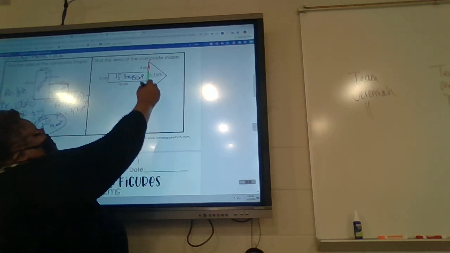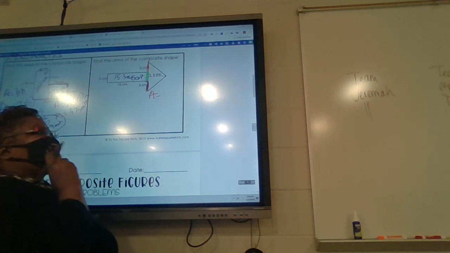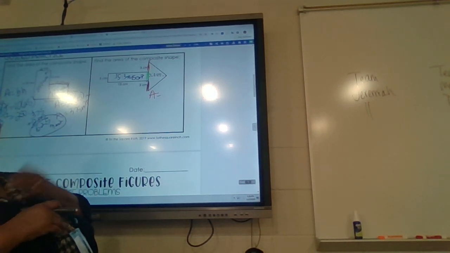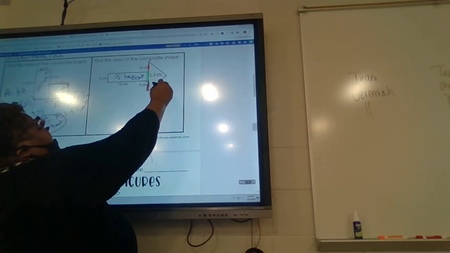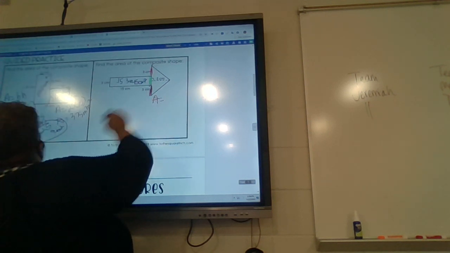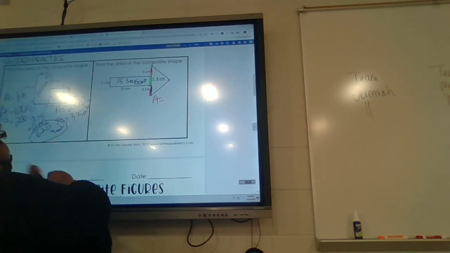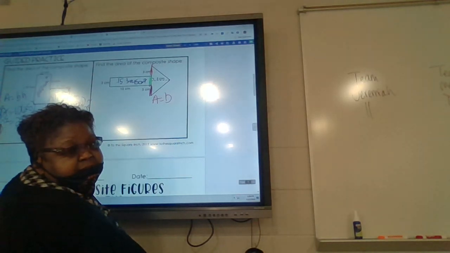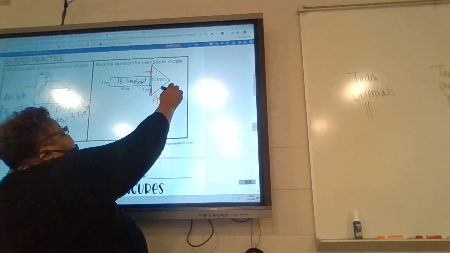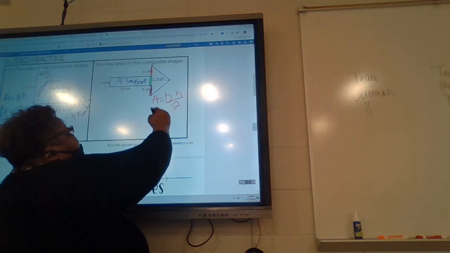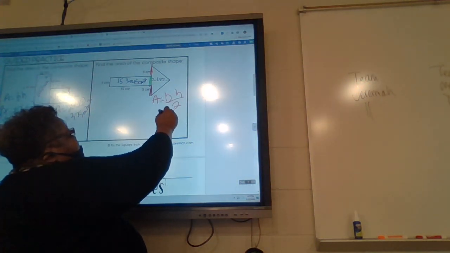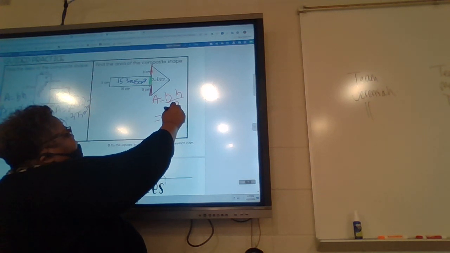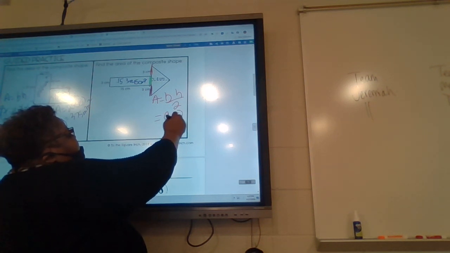So the area of a triangle. Okay, as you all said, it was 9. So the area of a triangle is what? Base times height divided by 2. So we decided my base was 9 centimeters, and my height is 5 centimeters, divided by 2.